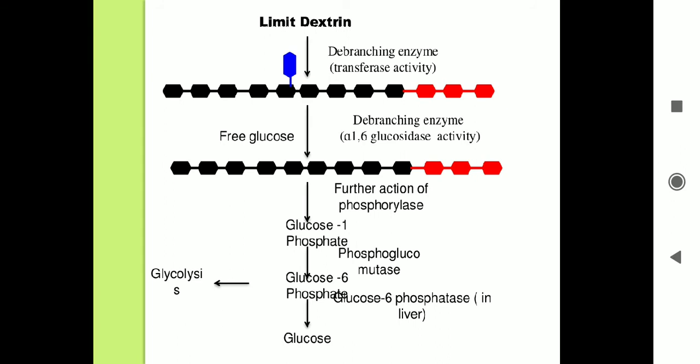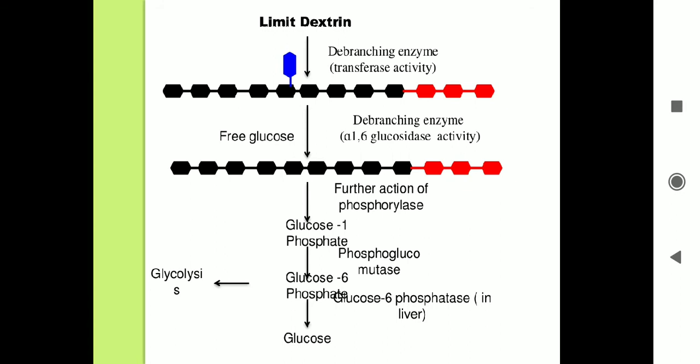Okay, so then again there is activity of the alpha 1,6 glucosidase enzyme, and there is a repetition of the same reaction, right? The same reaction is going to repeat. There is a further action of phosphorylase enzyme and again the debranching enzyme, so it forms glucose 1-phosphate.